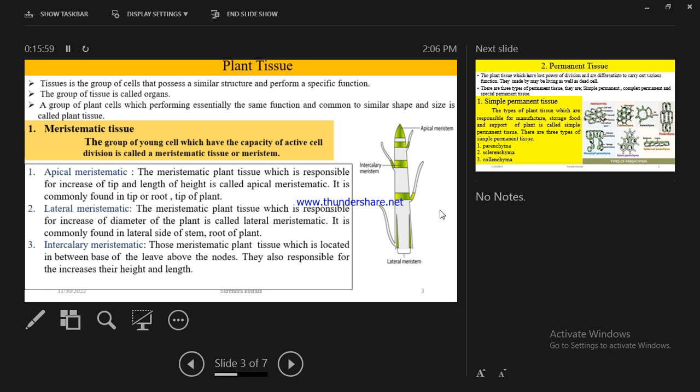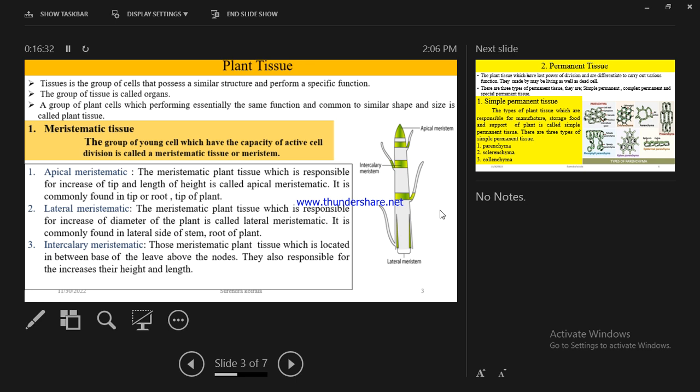Meristematic tissue, or meristem, as it is also called. Like you can see in the figure on the screen, the top of this plant has the apical meristematic tissues, the intercalary region between the nodes of this plant has the intercalary meristematic tissues, and finally the sides of the stems have the lateral meristematic tissues.